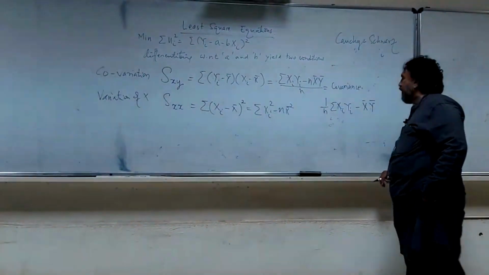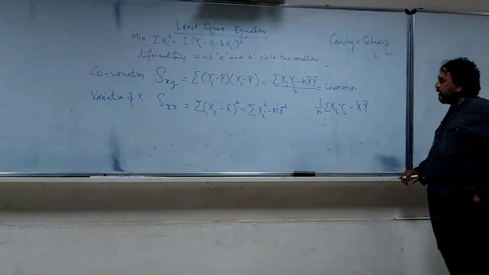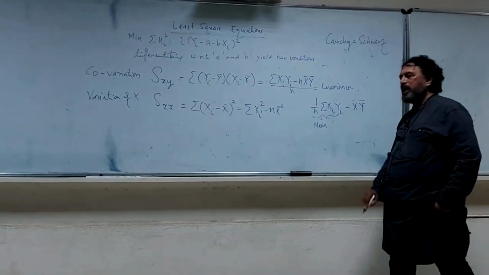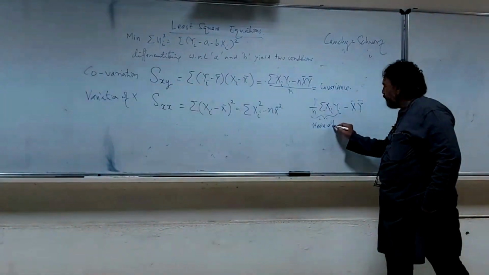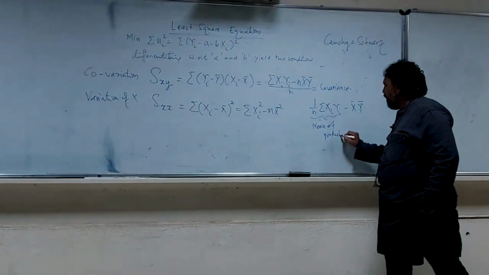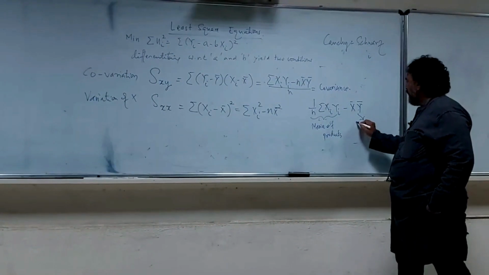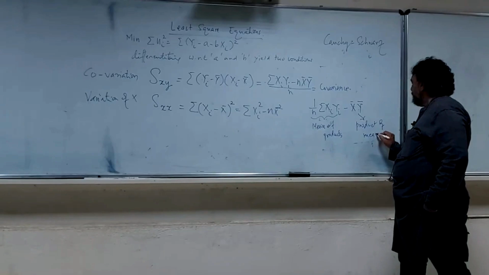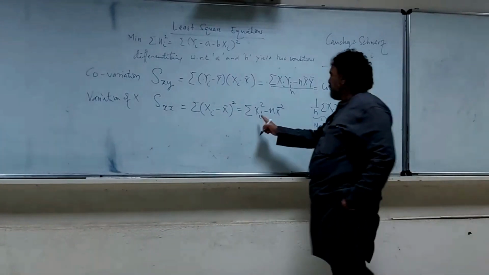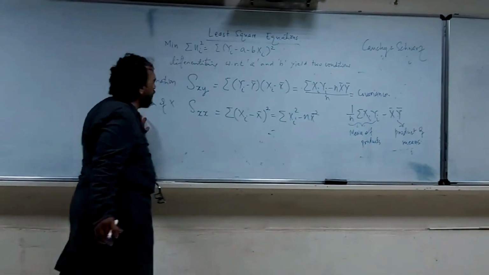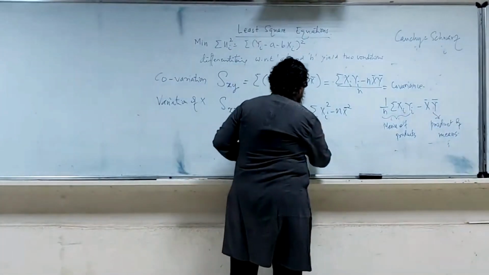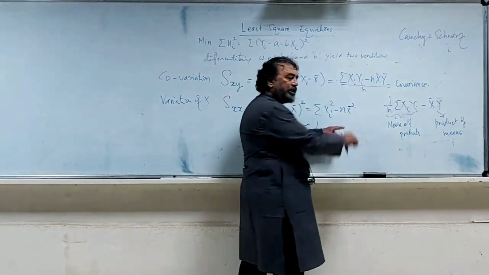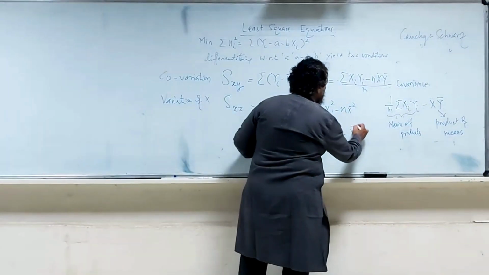So when you define covariance, what is the description? Because we are dividing it by n, we can call this the mean of products, whereas this is something that we can define as the product of means. Same here: if we take the variation of x and divide it by n, we get 1 over n into summation xi square. Again, we divide this by n and it gets cancelled. What remains is x bar square.